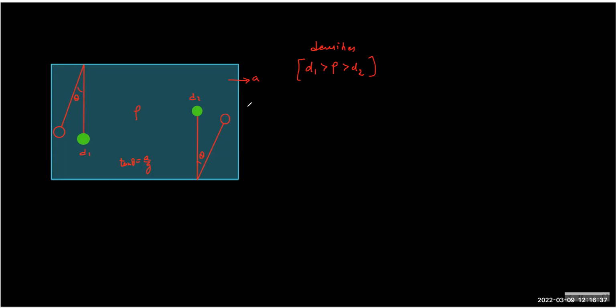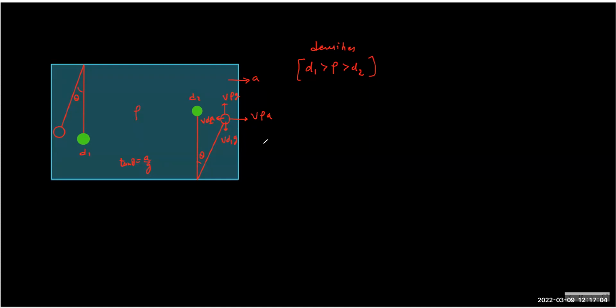And if you draw the FBD for this, it will have the buoyant force V rho g, but it will have pseudo force on the left side. How much? m a, that is V d2 a, and below is gravity V d1 g.